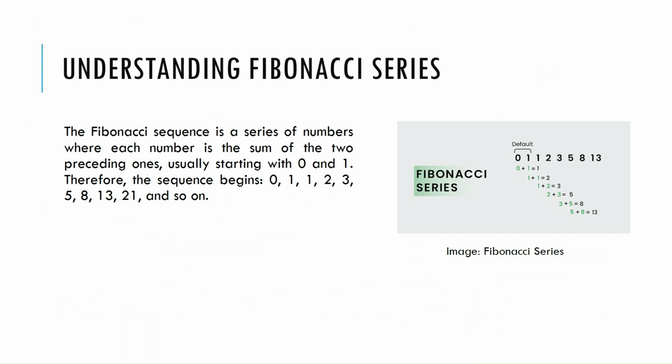As you can see here in the right side image, 0 and 1, 0 plus 1 equals the third one, 1. Then 1 plus 1 equals 2. Then 1 plus 2 equals 3. Then 2 plus 3 equals 5. And so on.